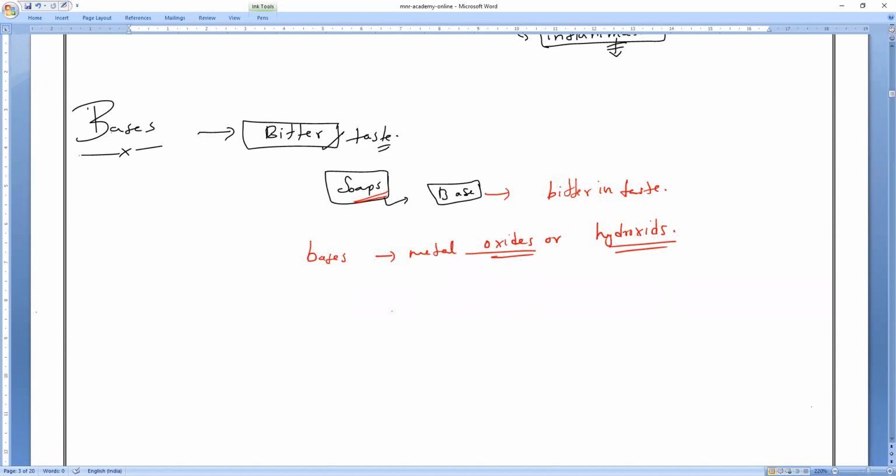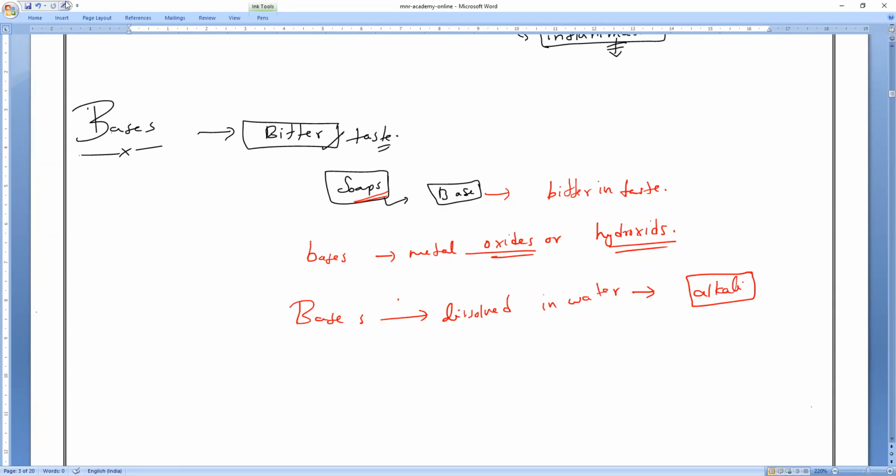Some bases will dissolve in water. Bases that can dissolve in water we call alkali. Understand all of you? But in this entire chapter, I will say either alkali or base; both have the same meaning.